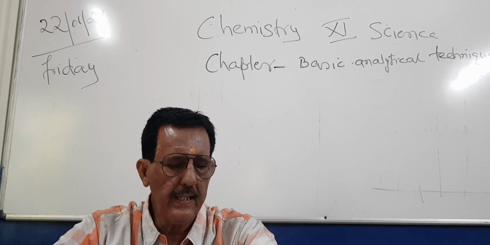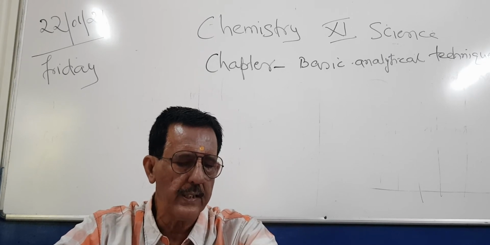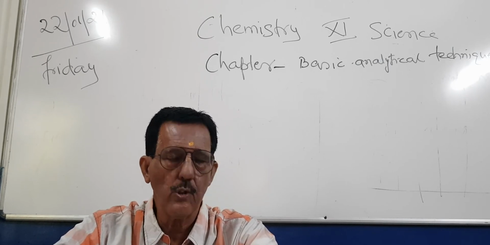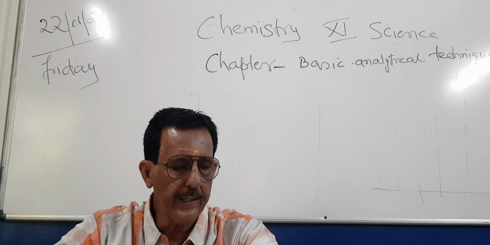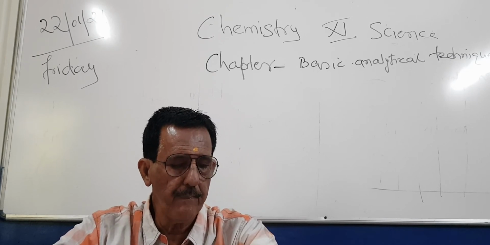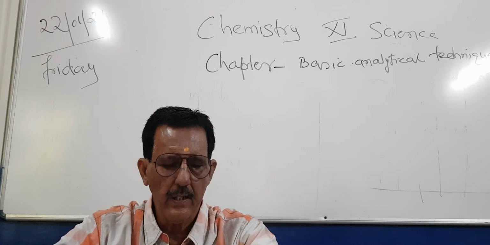The paper selectively retains the different components according to their selective partition between the two phases. The paper strip developed is known as a chromatogram. So what is a chromatogram? The paper strip developed in this way is known as a chromatogram.